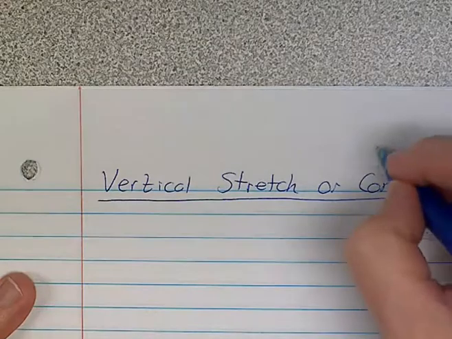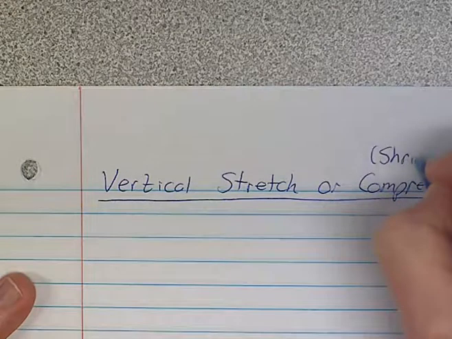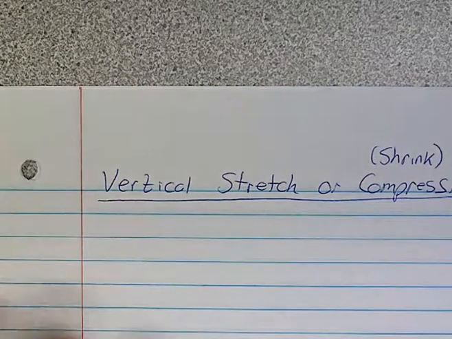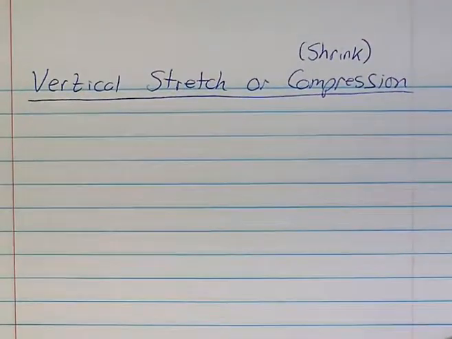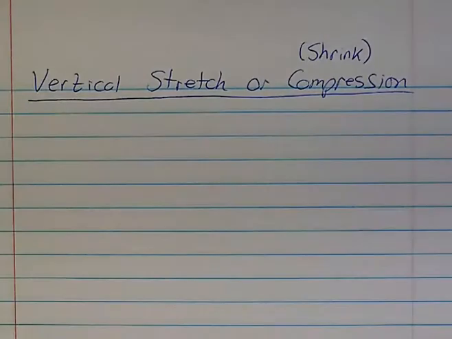And I think sometimes they may call this a shrink. So they may say shrink or stretch. Sometimes they use compression, so they're going to go back and forth on those two. But they always talk about a vertical stretch or vertical compression.